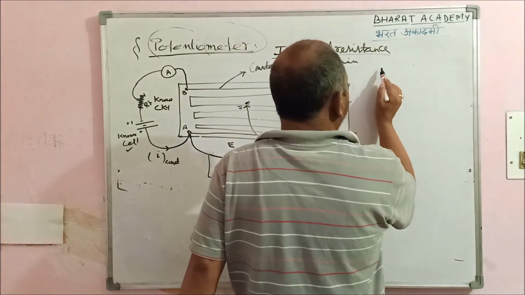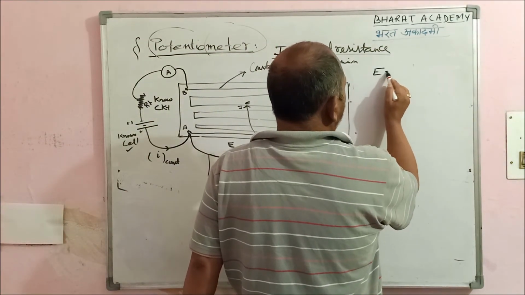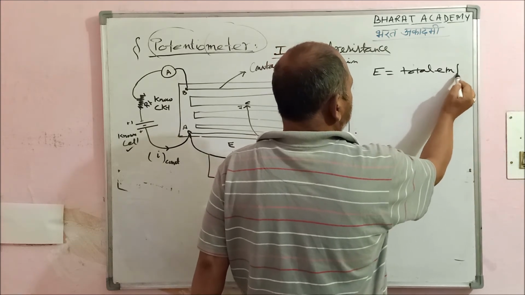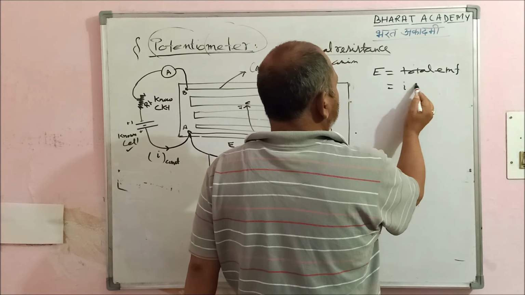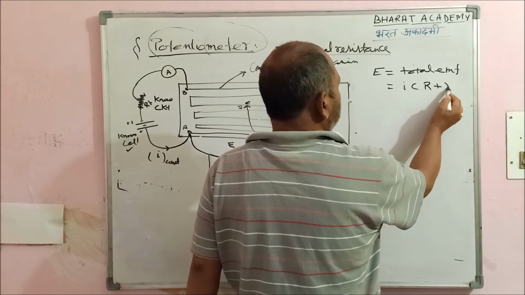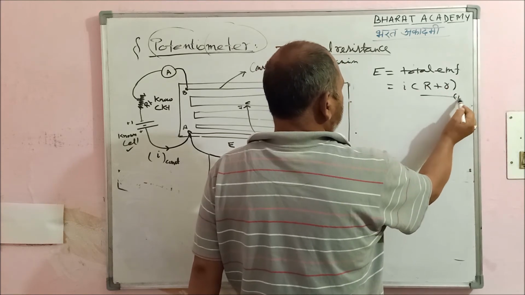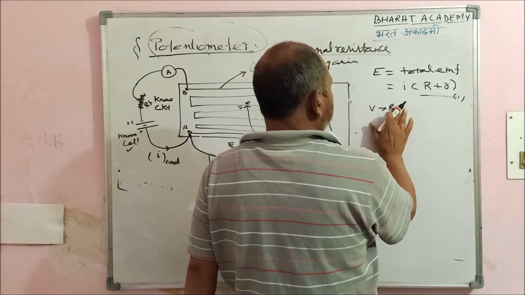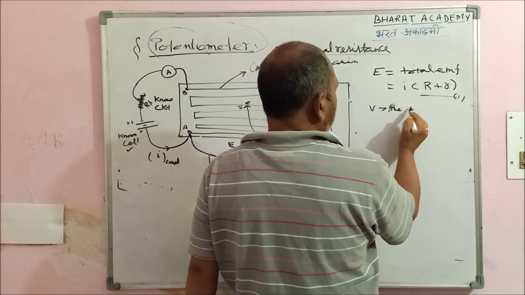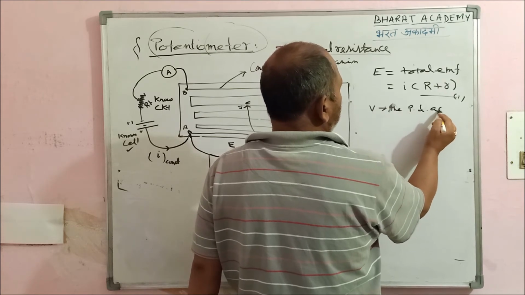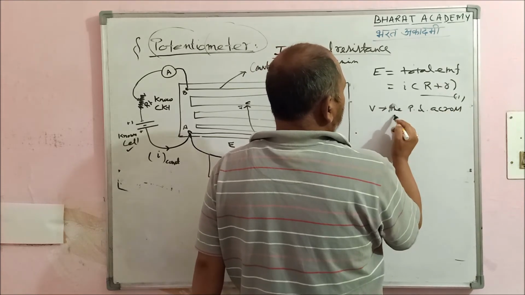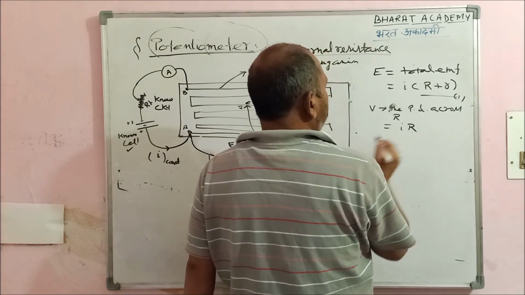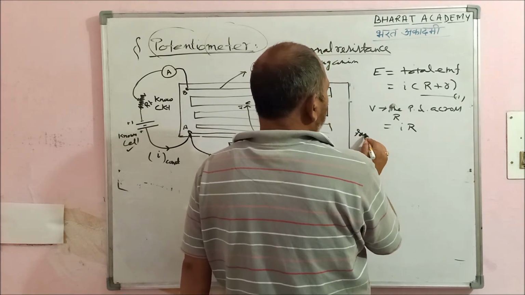Mathematically, what do we have? E is the total EMF of the circuit, and it is nothing but I into (R plus r). V is the potential difference across R, the external resistance, so V is nothing but I into R. So what will be E by V?